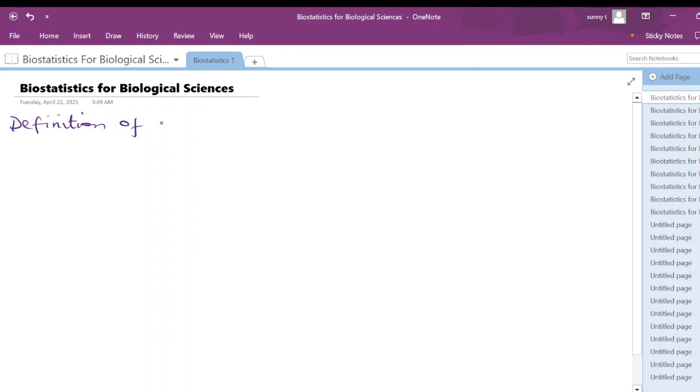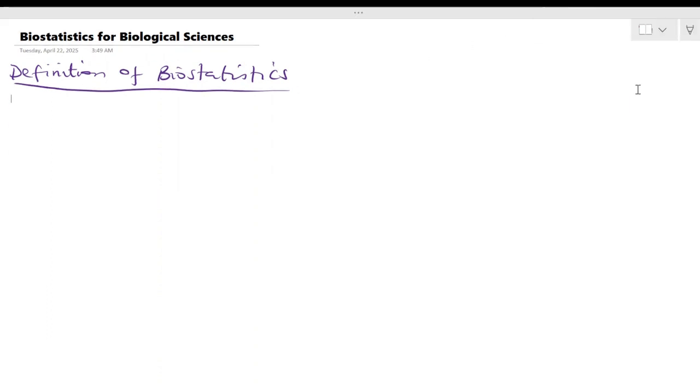Definition of biostatistics. So right now we say that biostatistics is the application of statistical methods to biological research.